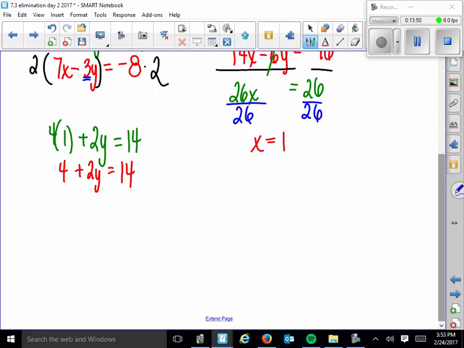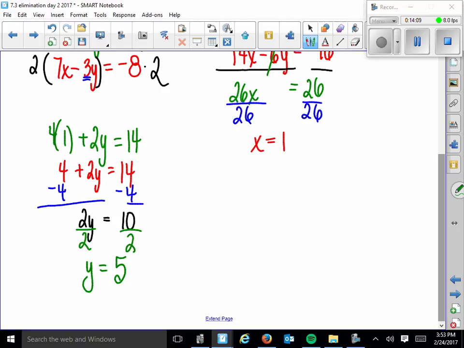To solve for y, I need to subtract 4. That gives us 2y equals 10, and then divide both sides by 2. That gives me y equals 5. So I'll write my solution as an ordered pair, 1, 5.